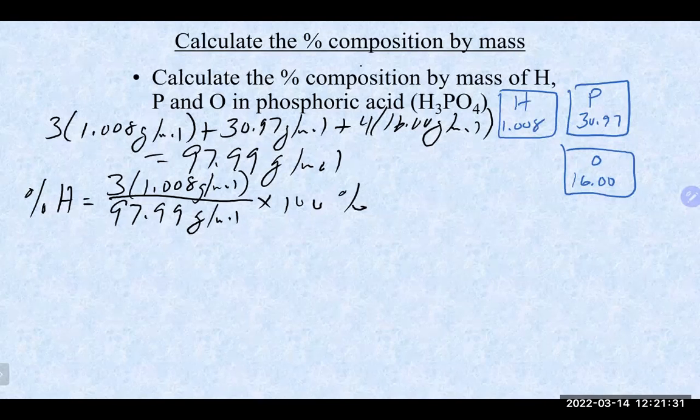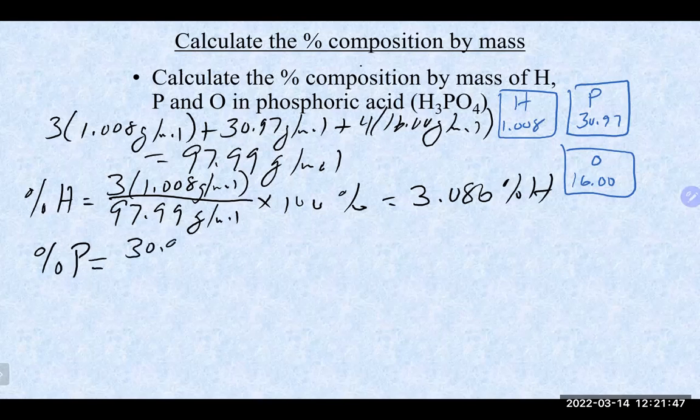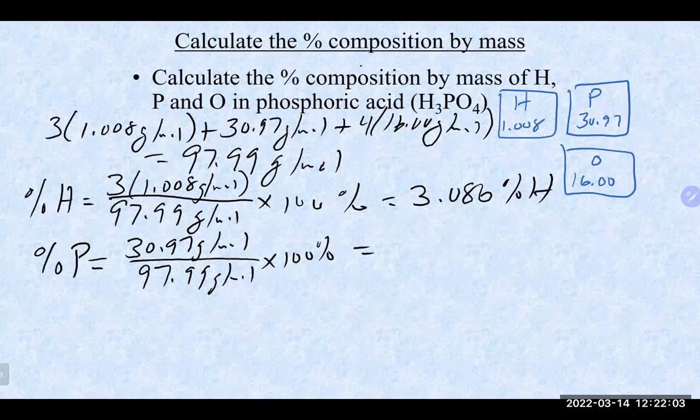3.024 divided by 97.99 times 100 gets us 3.086% hydrogen. We could then do it for phosphorus, which would be 30.97 since there's just one there, divided by the mass of the entire thing times 100%, which gets us about 31.61% phosphorus.